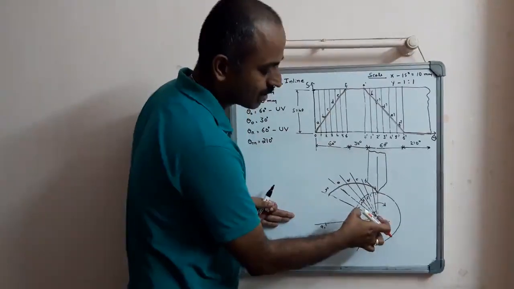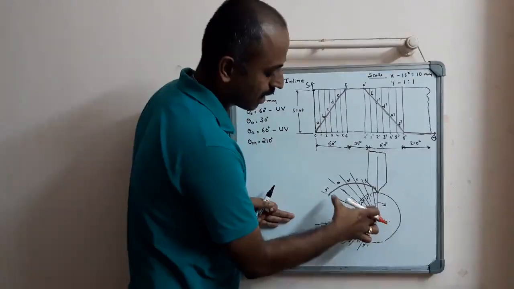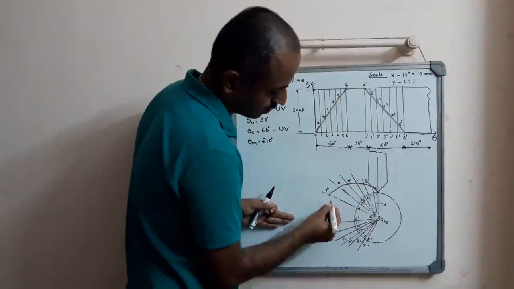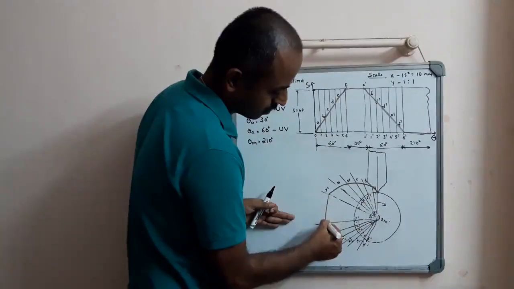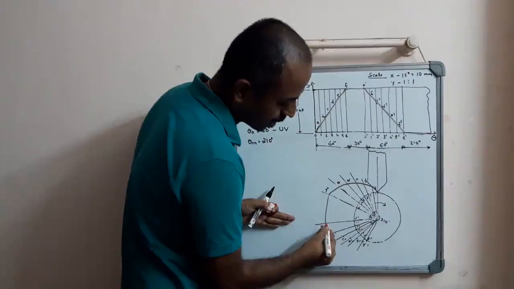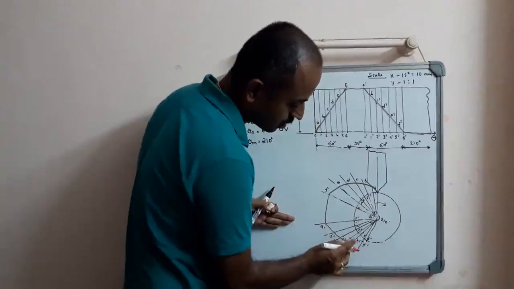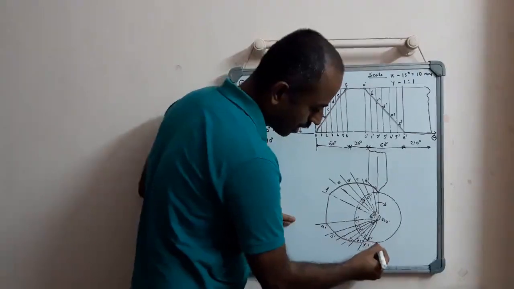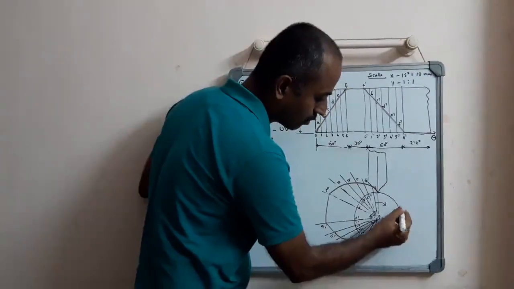So with the cam center as center and OF as radius, draw an arc. Then connect the points A dash, B dash, and then the remaining dwell period.